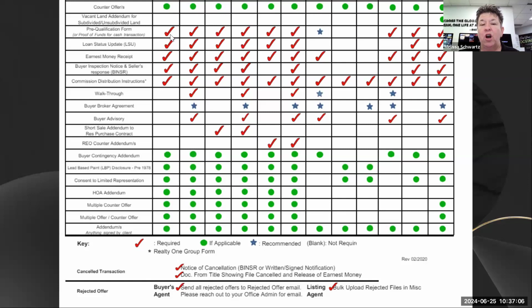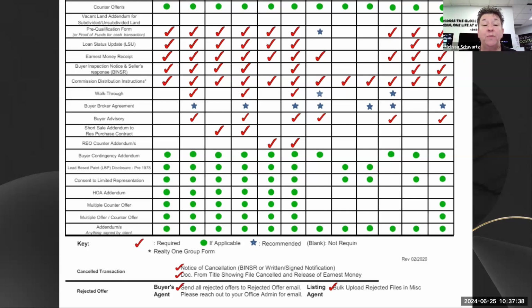So you're going to have a purchase contract, a pre-qual, loan status update. By the way, that needs to be signed. We need one signed, folks. Earnest money receipt, the BINSR. If the buyer did not send in the BINSR and you represent the seller, you can type on a sheet of paper, buyer did not return in the 5, 7, 10-day inspection period, no BINSR was returned.